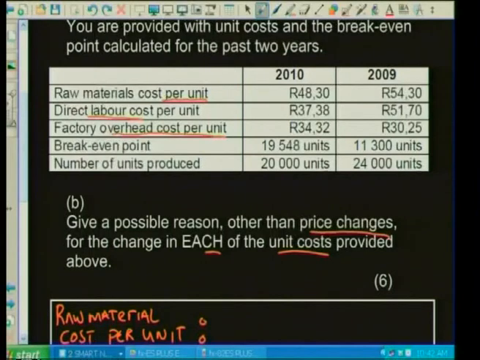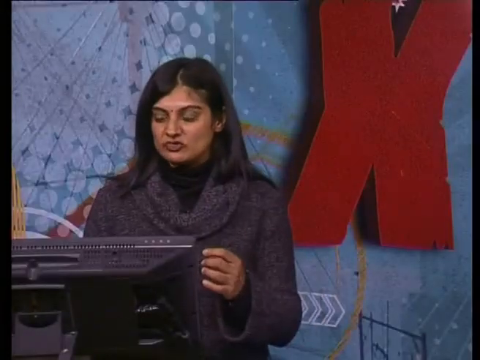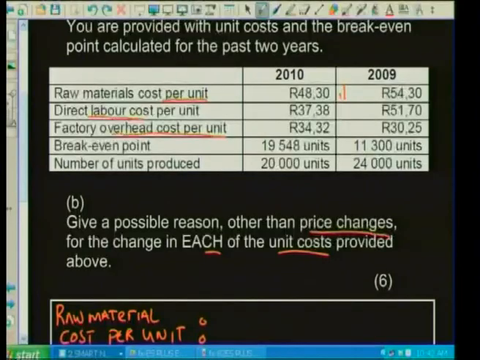So what they're simply asking us is give a reason for the possible changes from 2009 to 2010. We've already established that direct material cost per unit decreased, direct labor cost also decreased, factory overhead cost, on the other hand, went up, it increased.